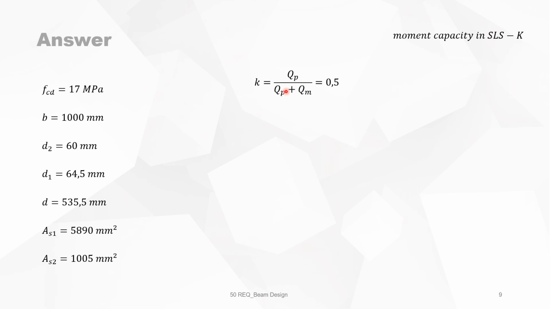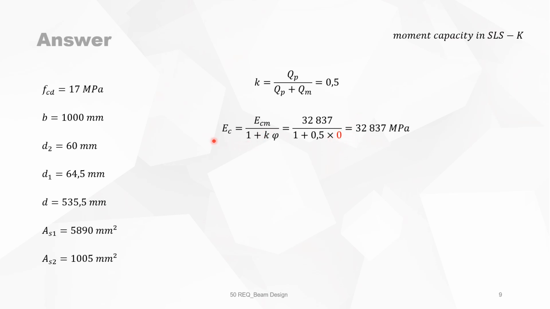The K value is the effect of the permanent load divided by the effect of the total load, and this is 0.5 because the effect of the permanent load was equal to the effect of the mobile load. The modulus of elasticity of the concrete is then the mean value divided by 1 plus K phi, but phi in SLS characteristic, that is 0 because it's only with long-term loads that phi is different from 0.